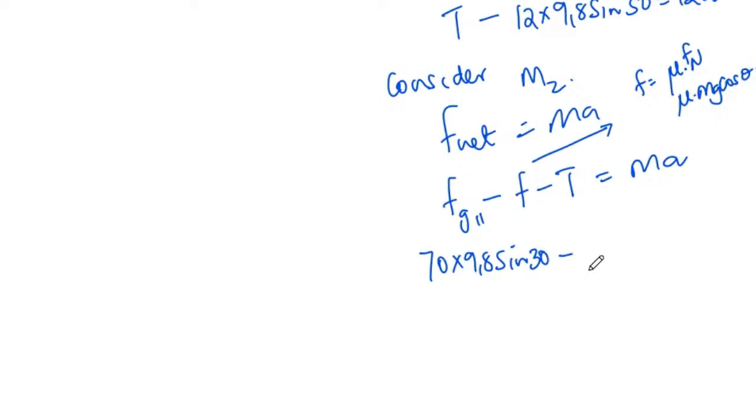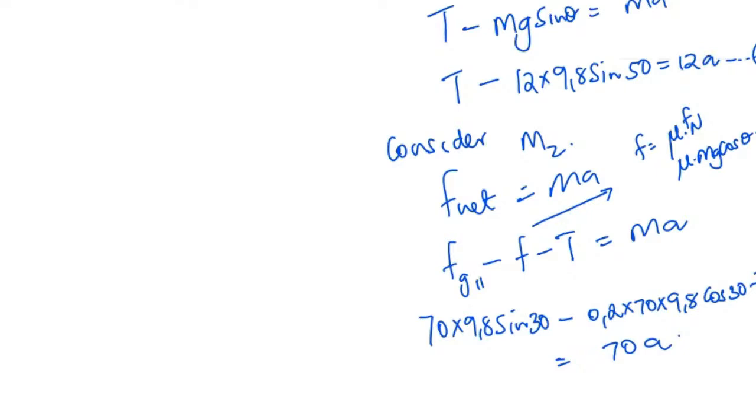So I'm just going to substitute that: minus 0.2 times 70 times 9.8 times the cos of 30, minus the tension, must give me 70 times the acceleration.